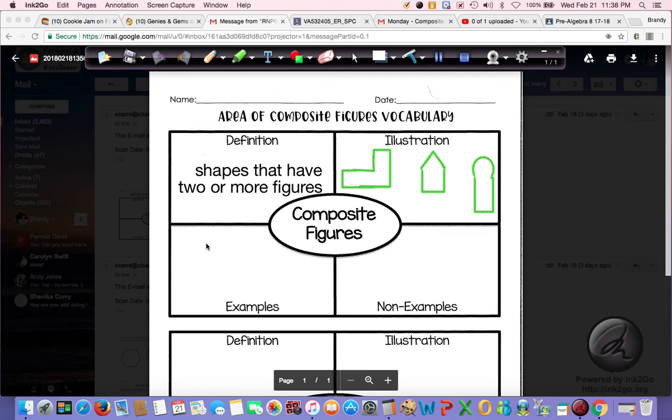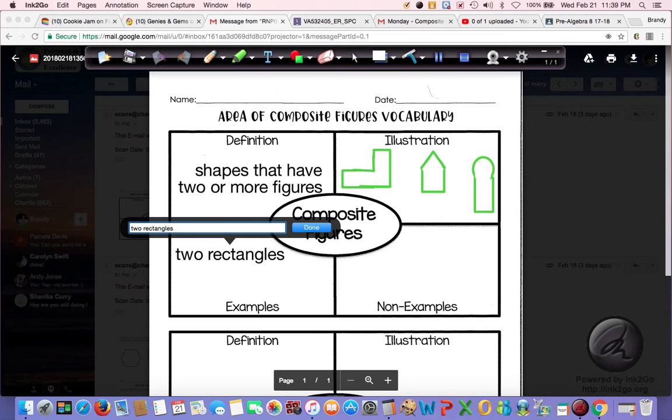So examples would be pretty much any combination of two or more shapes. So we could write, we could have two rectangles. That would be a mashup.